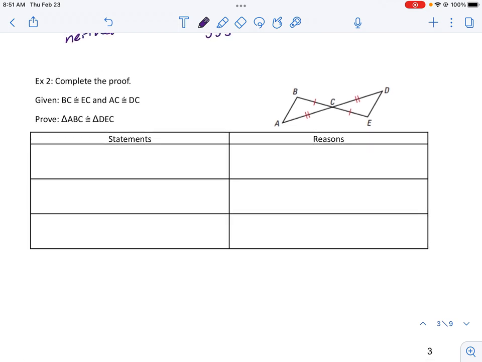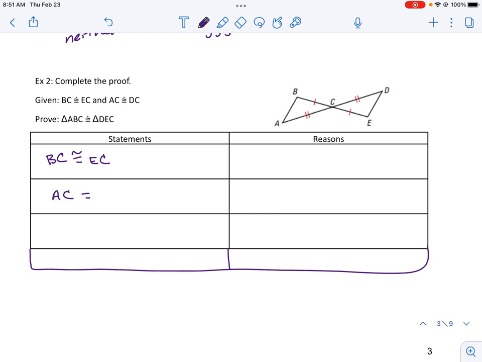So all of your given information is supposed to fit in one box. I'm going to just extend this, and we will have BC is congruent to EC, and then in line 2, we'll have AC is congruent to DC. And those are both given.